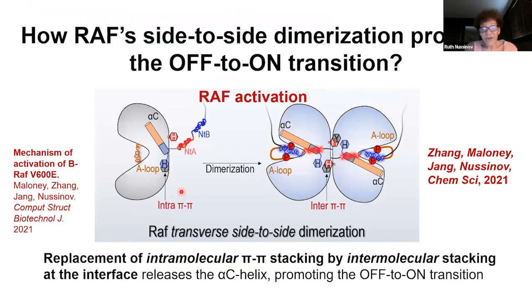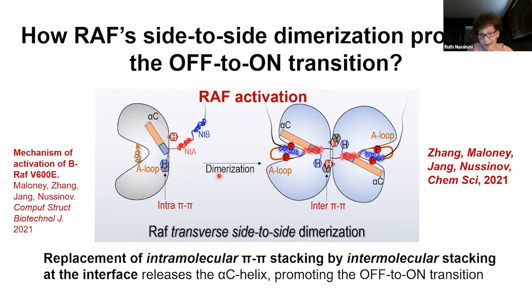The next question that we ask is how RAF's side-to-side activation promotes the off-to-on transition. Here we looked, and what we suggested is that in the monomeric RAF, we have an intramolecular pi-pi stacking, which stabilizes it.